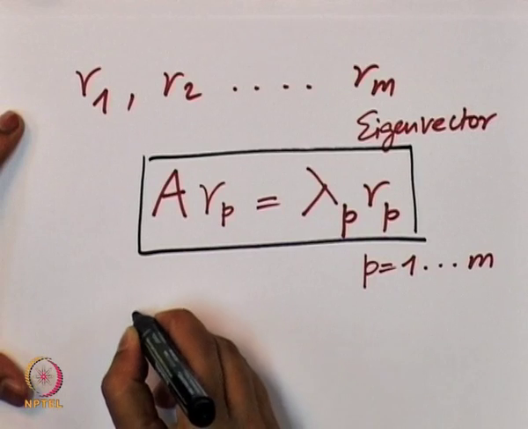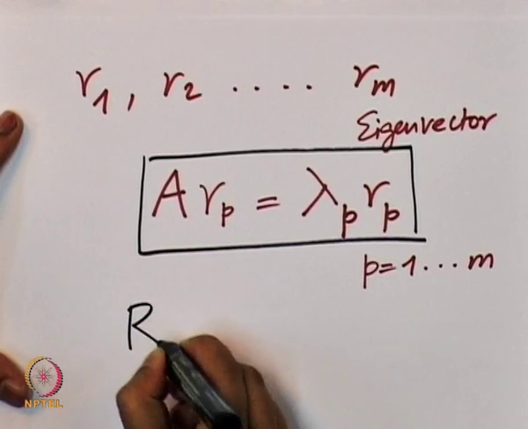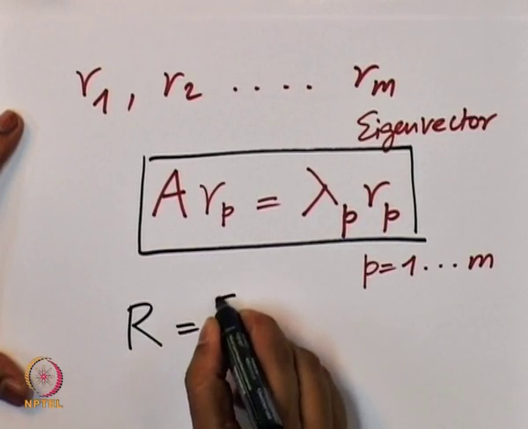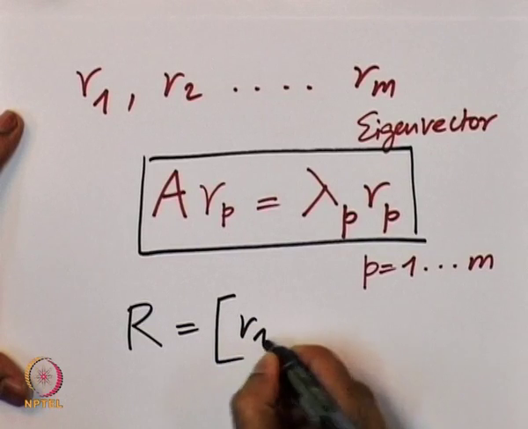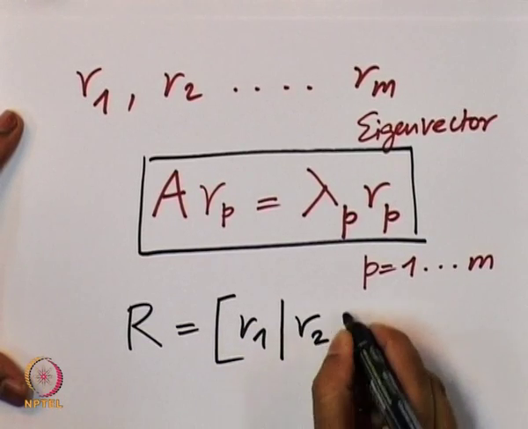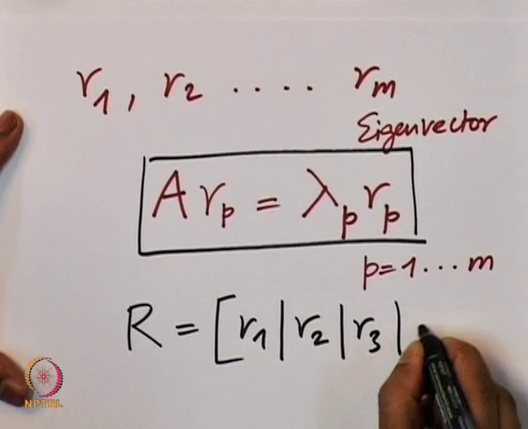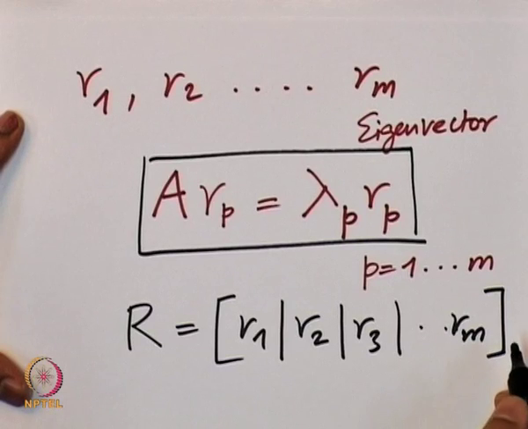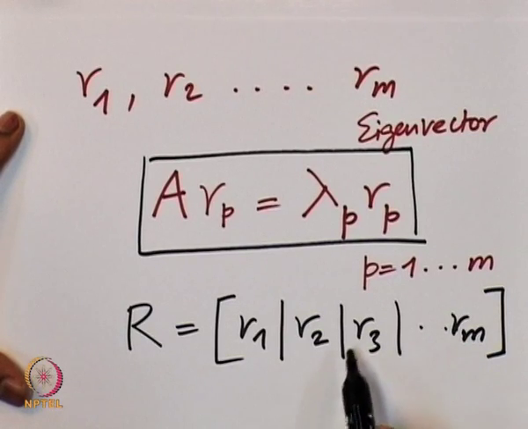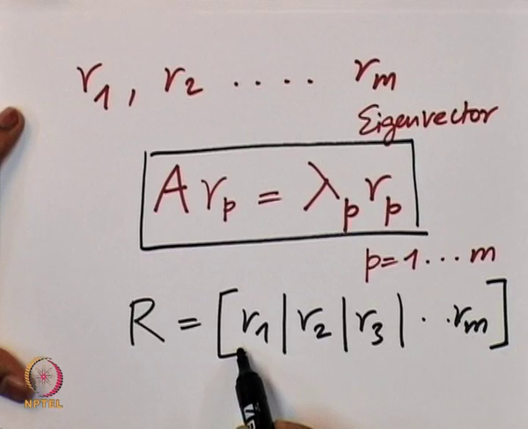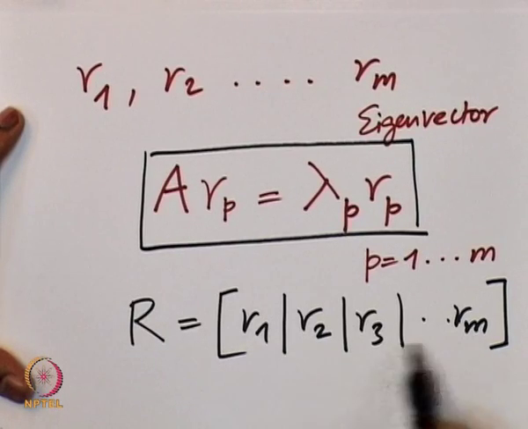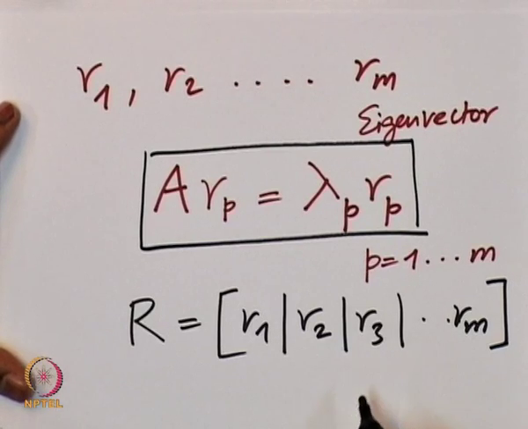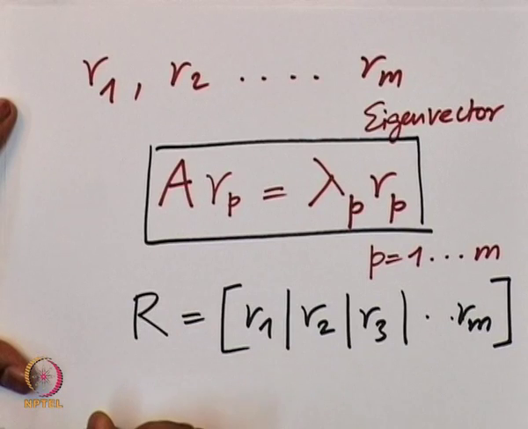That being said, we wanted to know what the structure is. Let us say we talk about a particular matrix consisting of all the eigenvectors: R is equal to R1, R2, R3 until Rm. This is nothing but a matrix in which the individual columns are the different eigenvectors.